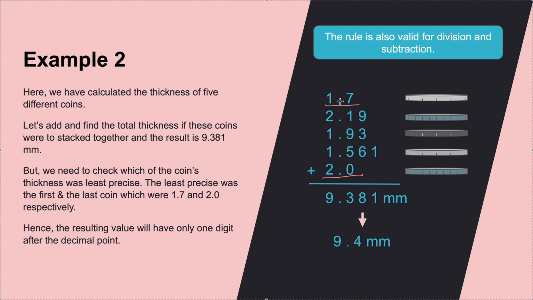So we will round off the calculated value to only two significant figures, and the final result will be 9.381 millimeter to 9.4 millimeter. Now you may have noticed that instead of writing 9.3 millimeter, I have written 9.4 millimeter instead. This is because of the rules that we have to follow while rounding off the digits, which we will discuss in the next slide.